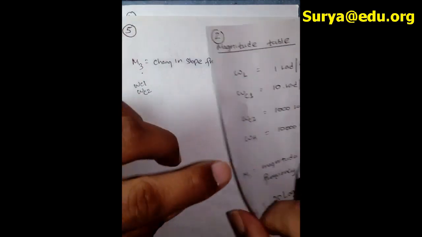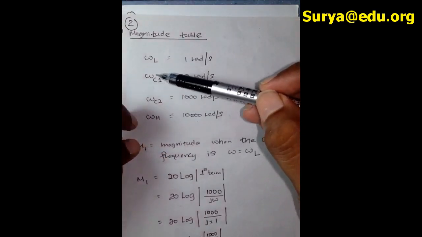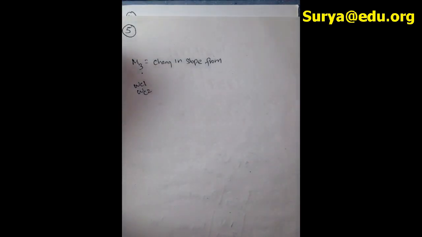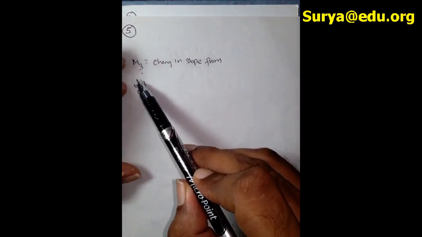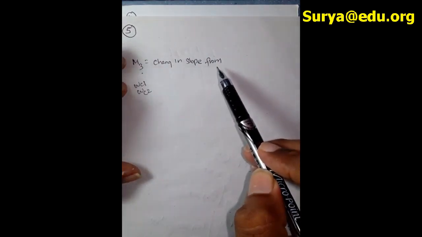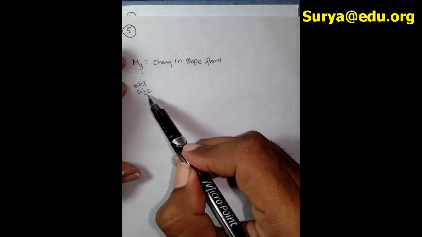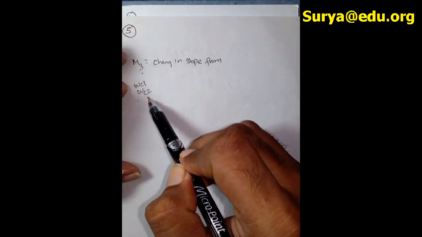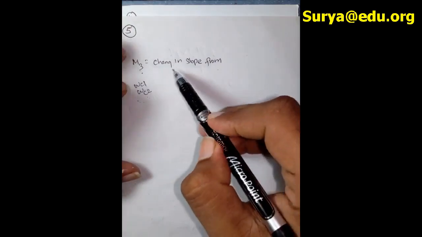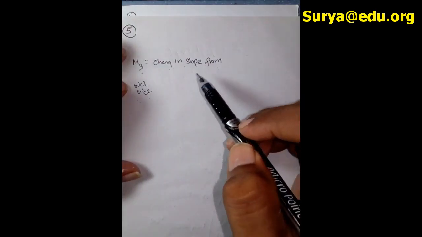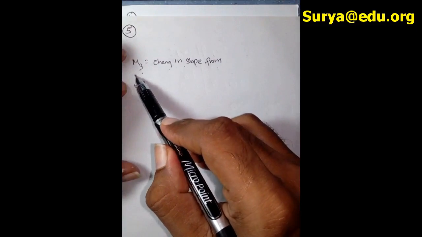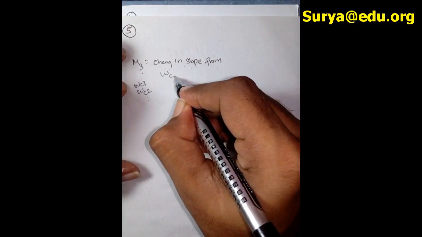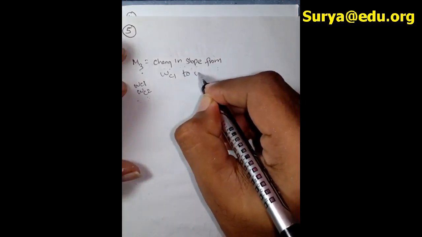This is our order table: omega L, omega c1, omega c2 and omega H. I told you the formula is different. M3 equals the change in slope from the frequency before omega c2, because M3 is related with omega c2. So you have to consider the change in slope from the previous frequency to the current one, that means from omega c1 to omega c2.